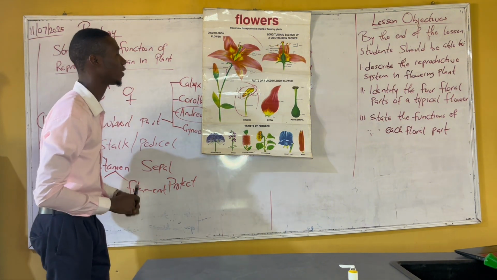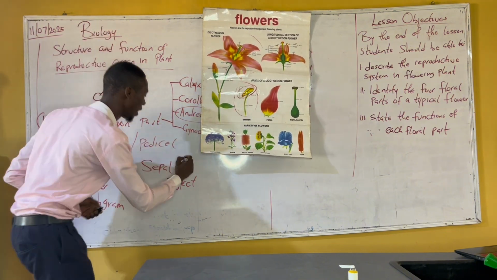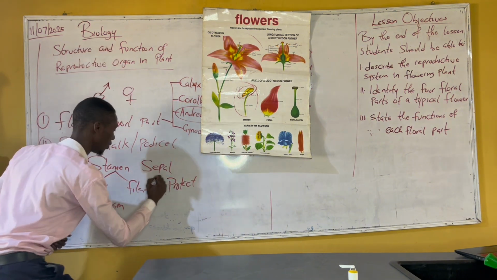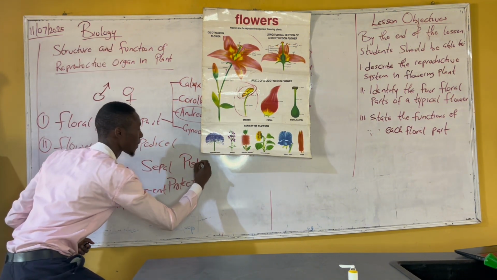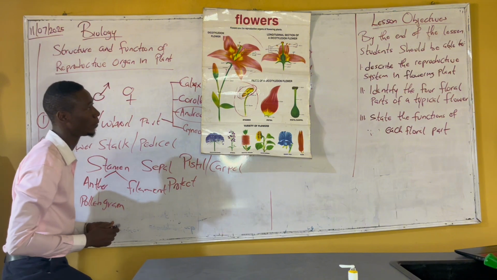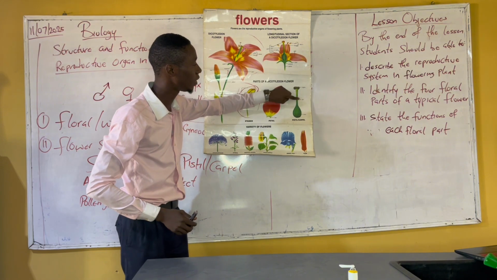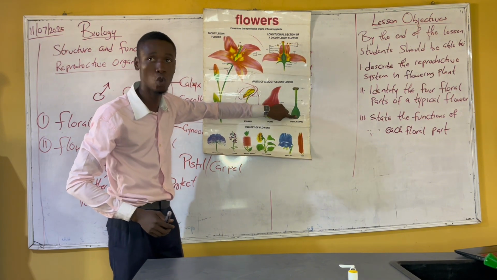Then the female part is called the gynoecium, and it's made up of what we call the pistil, or we call it the carpel. It's made up of three main parts: the stigma, the style, and the ovary.